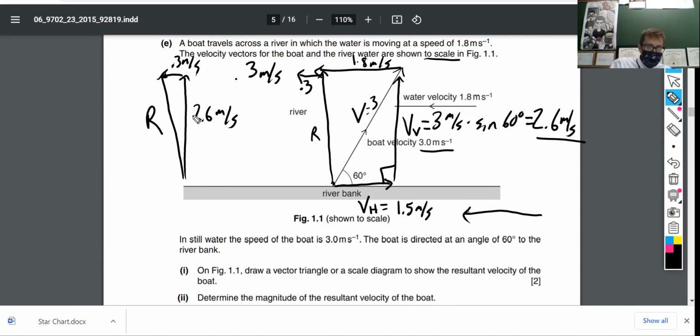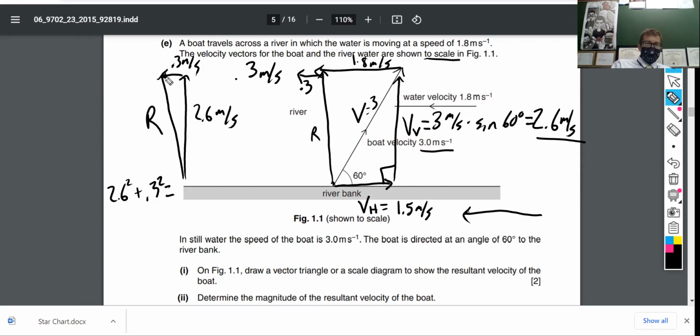I know it's going 2.6 up, it's going 0.3 to the left. I've added the boat's velocity to the water velocity by resolving the boat velocity into its x and y components, into its horizontal and vertical components. So now I can just use Pythagoras' theorem. 2.6 squared plus 0.3 squared equals.